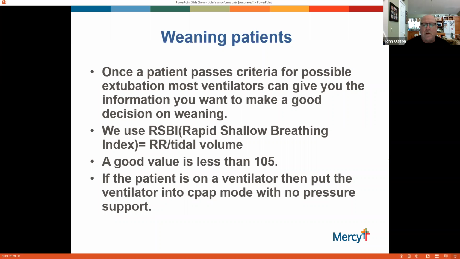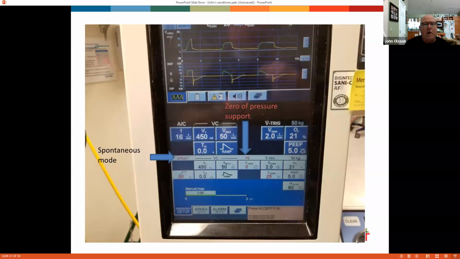If the patient is on the ventilator, I put them in CPAP mode, which I'll give them CPAP of 5 and no pressure support. So they're going to have to work a little bit to breathe through the ET tube. But if I get, like I said, a value less than 105, I'm pretty happy with that. So here we go.